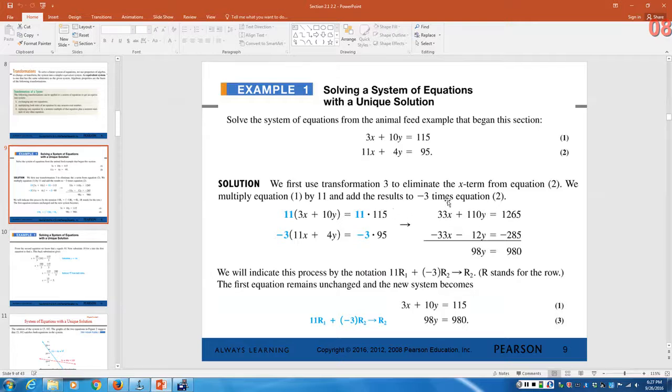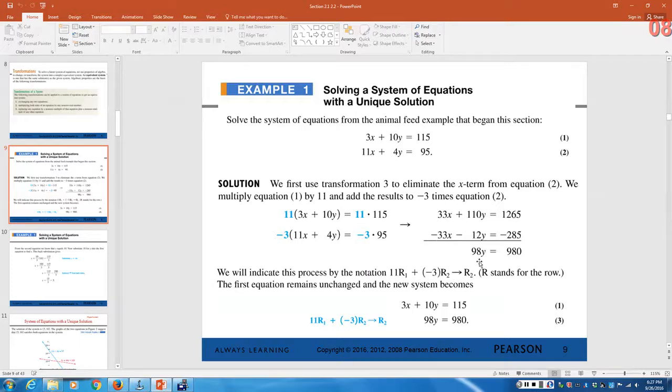And 11 times 115 is 1265. And then negative 3 times 11x plus 4y is negative 33x minus 12y. And negative 3 times 95 is negative 285. So what happens now is that this adds up to 0 if I add the two equations together.